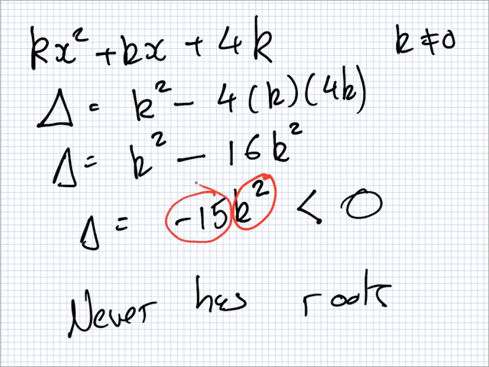When you have a negative times a positive, it's always negative. So minus 15k squared is less than 0. It couldn't be 0 because for it to be 0, k would have to be 0, which is forbidden from the beginning. So it has to be negative, therefore no roots.